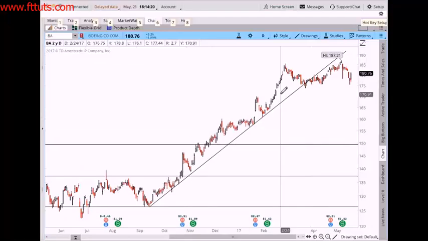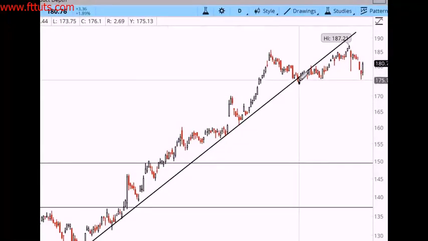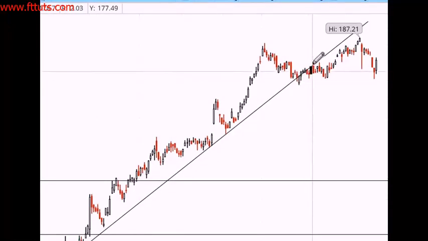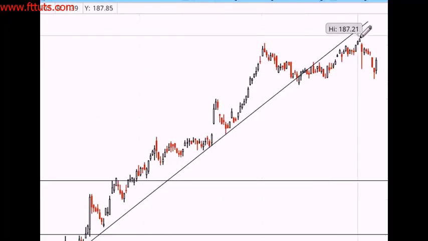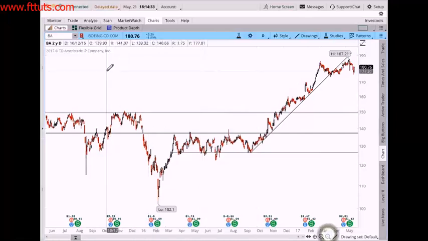So 6, very strong support. Now what has happened over here? You can see that it broke support and support became resistance. Boom, comes back down again, right? So you can see that these levels are really important to look at when you are entering a trade.